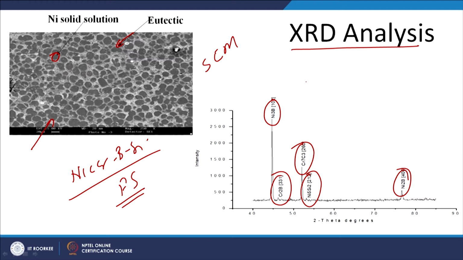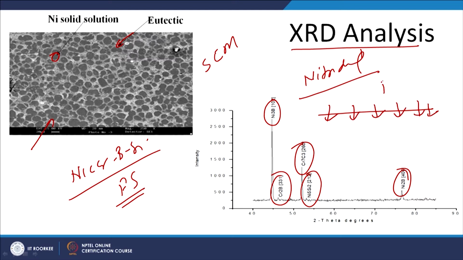Similarly, we can do this kind of analysis on a component subjected to nitriding, which leads to the formation of various types of nitrides like Fe4N and Fe2N3, and which phases are being formed and where they are being formed can be easily identified through XRD analysis and microscopy.